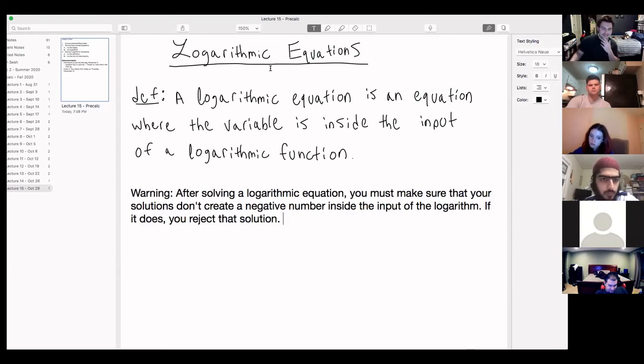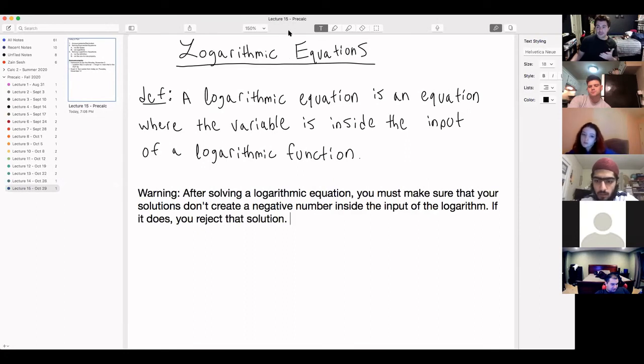Any ideas? 0 to infinity? Yes. So the domain of the log is 0 to infinity, which means it's all the positive numbers. So the logarithm cannot take in a negative number as an input.